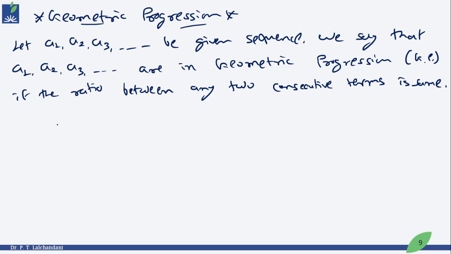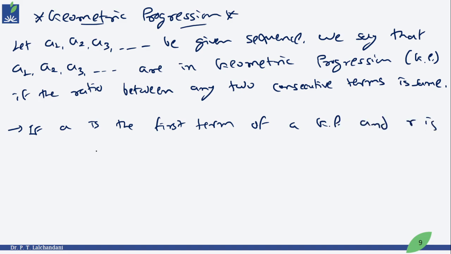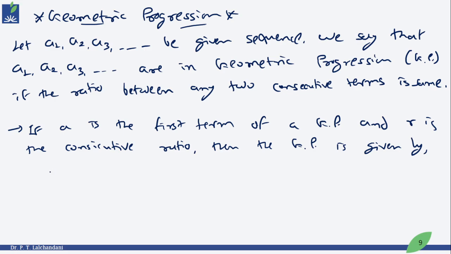For example, if A is the first term of a geometric progression and R is the consecutive ratio, then the geometric progression is given by: what is the first term?